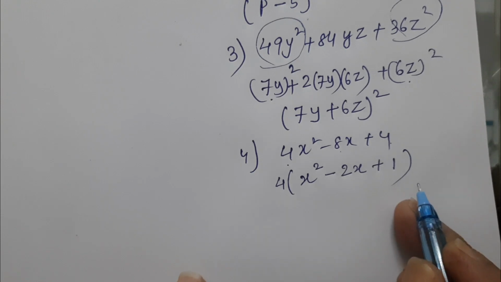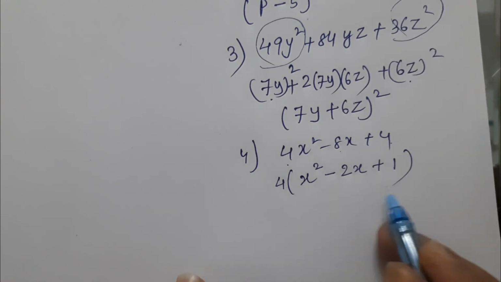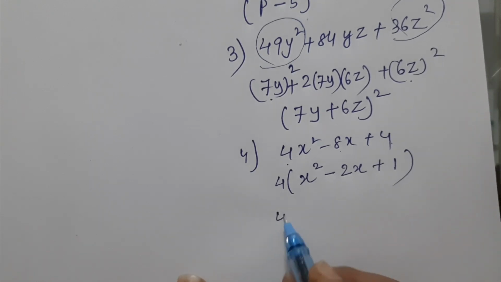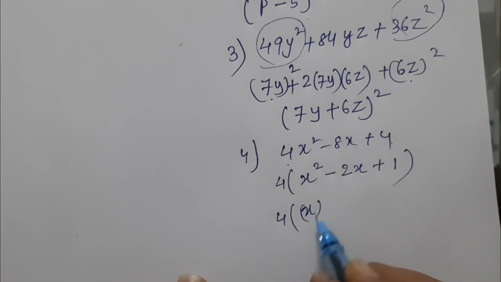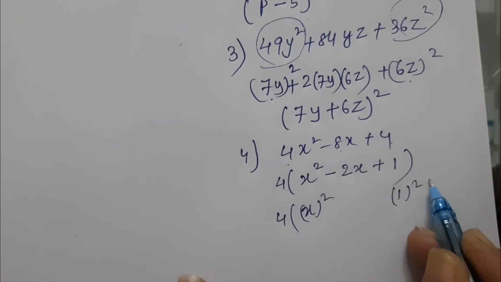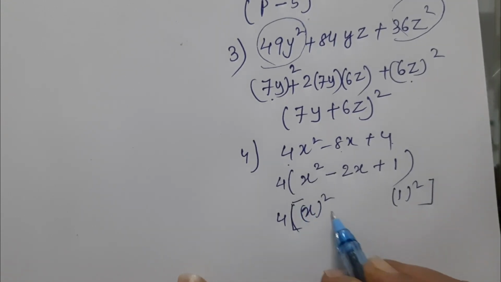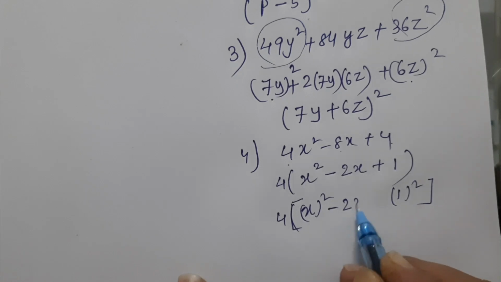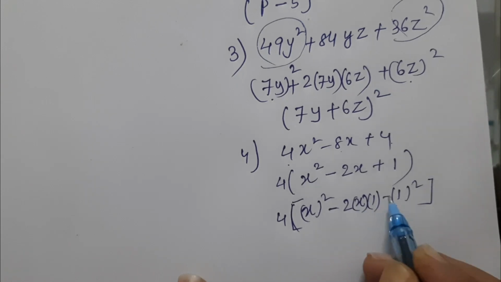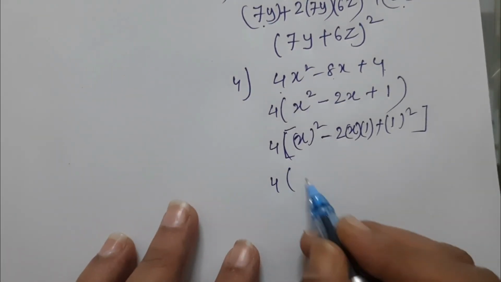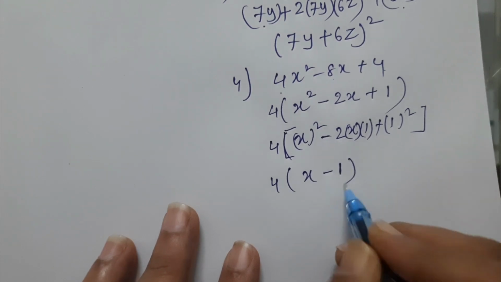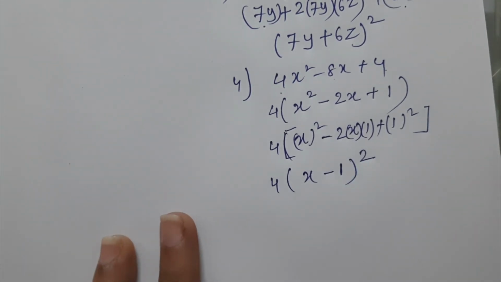So we got x square minus 2x plus 1. Again the first term is in square form and the last term is also in square form. Write down both the numbers with 2AB. Thus the final answer is (A minus B), that is (x minus 1) whole square.